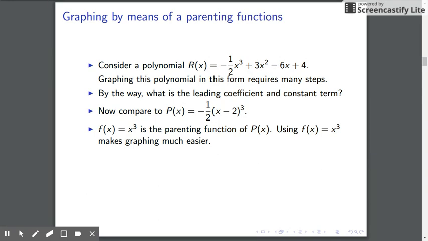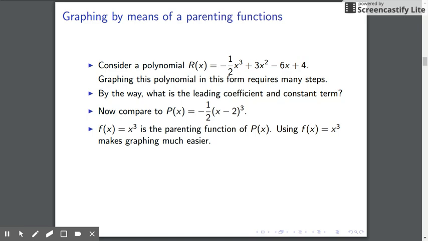The reverse process will come up in later lessons. So later we'll learn how to go from this function to this function. But right now, with your knowledge of multiplying polynomials, you should be able to go from this function to that function. That is left as an exercise for you.